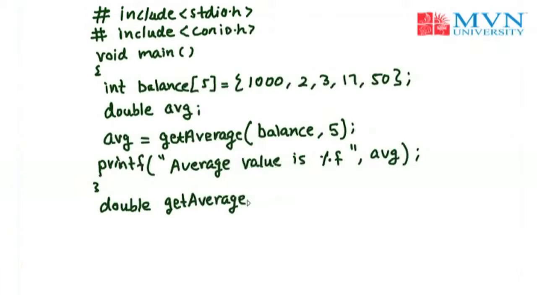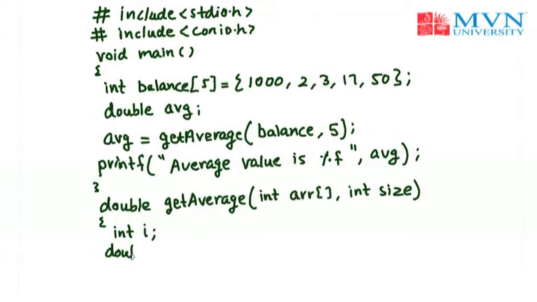The parameters passed within this function are, first, the array of integer type with the name arr, comma int size. This size is the size of the array arr. Start this function. Take three variables: first of integer type int i, then double average and double sum.